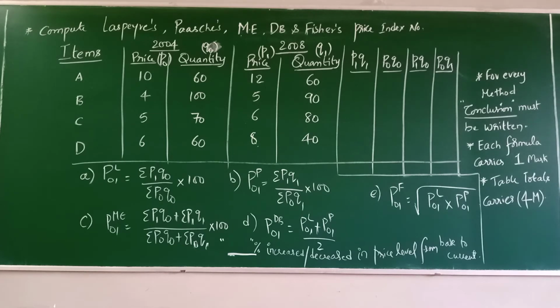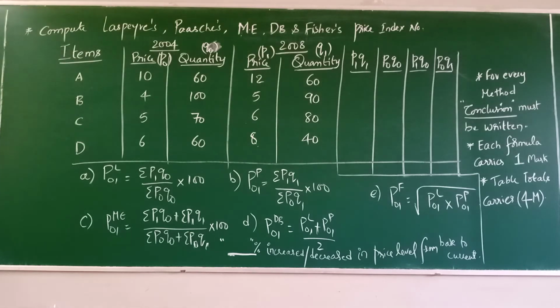Current year quantities are used in the Paasche price index number. Generally, in a logical way, when it is asked for a price index number, obviously the weights are from quantities. Remember, when it is asked for a quantity index number, the weights are from price. So remember this logic, so you will understand easily.